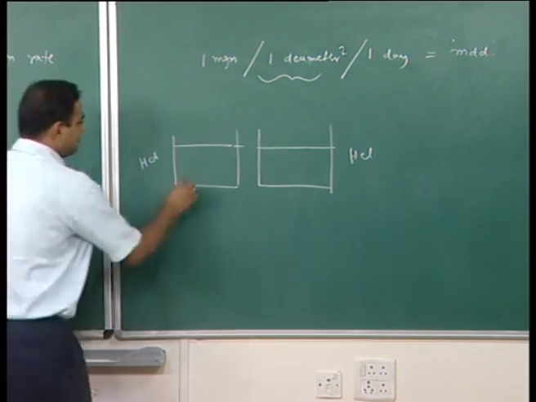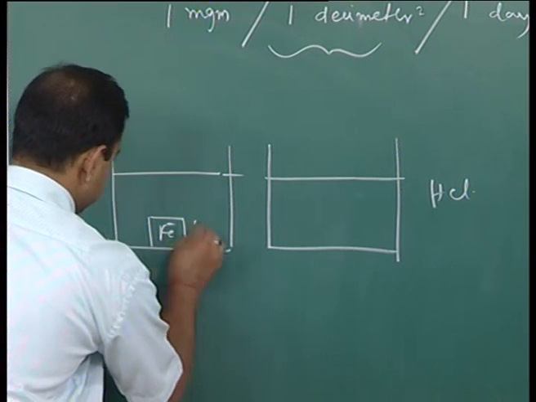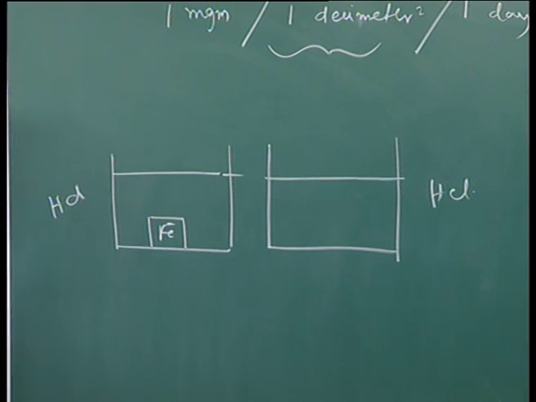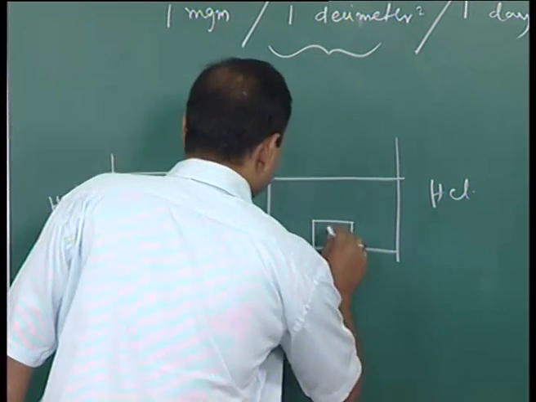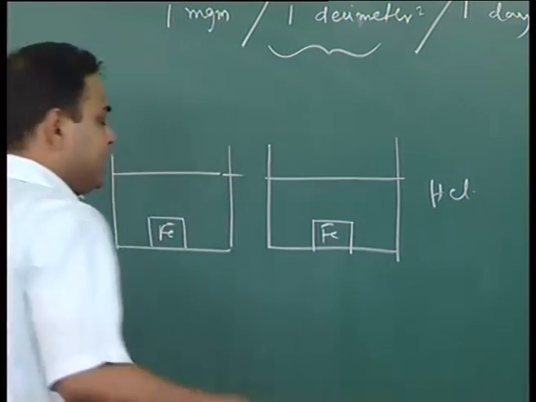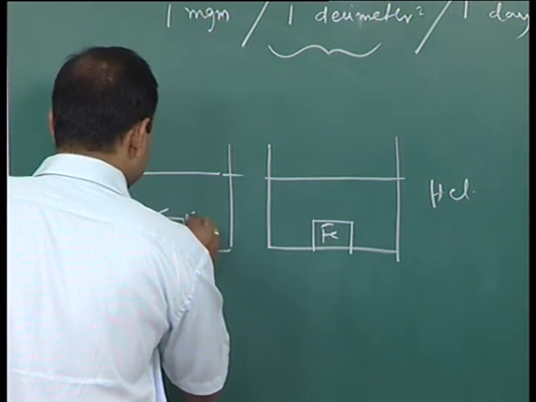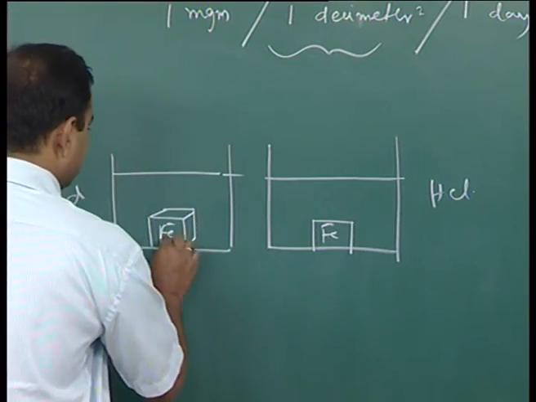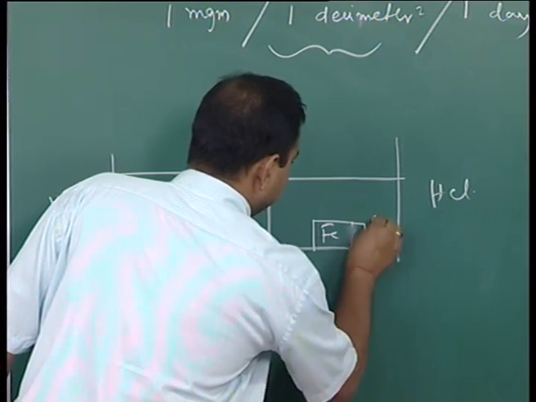Now, you put an iron piece of the same composition, let us say 99.999% pure iron, and here also you are keeping the same metal, 99.999% pure iron, but the area which is exposed to the solution is different in both the cases. Let us say in this case the area is more.